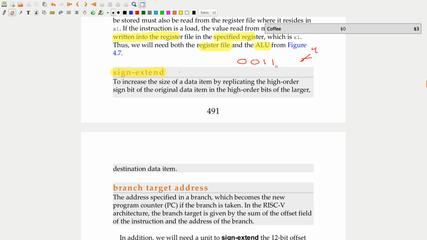Now, let's take another case. Let's take -1, for example. For -1, we get 1, 1, 1 in 3 bits. So this is -4 plus 3 plus 2, which is -1. Now what happens if we do sign extension here? We add a 1. This is no longer the sign bit, so it becomes a +4.